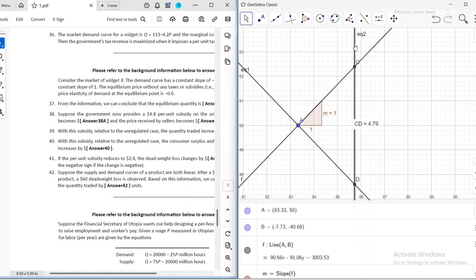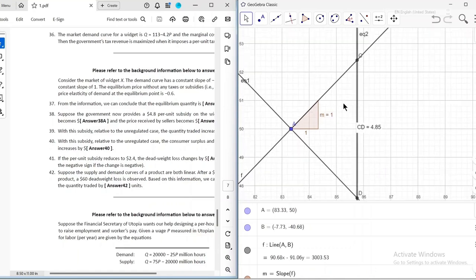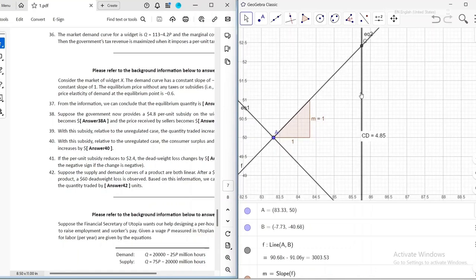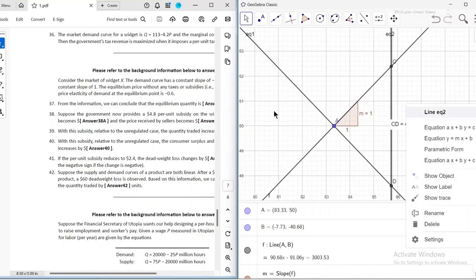It can take some time because there is a very minor difference. So you try shifting the curves. Okay, so this is exactly 4.8.